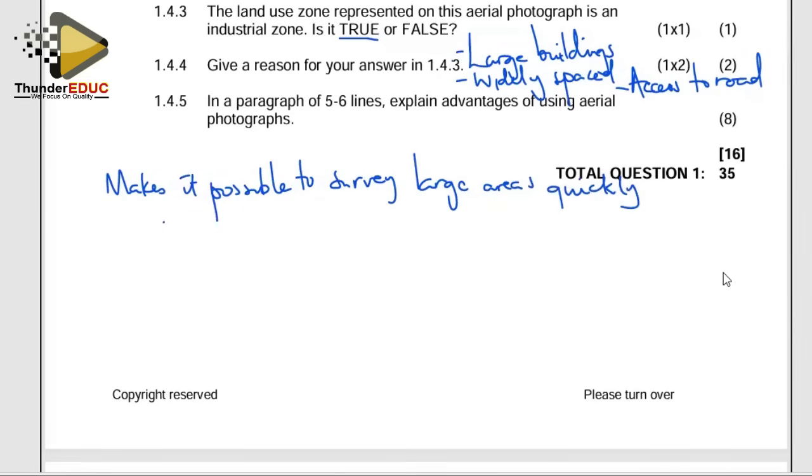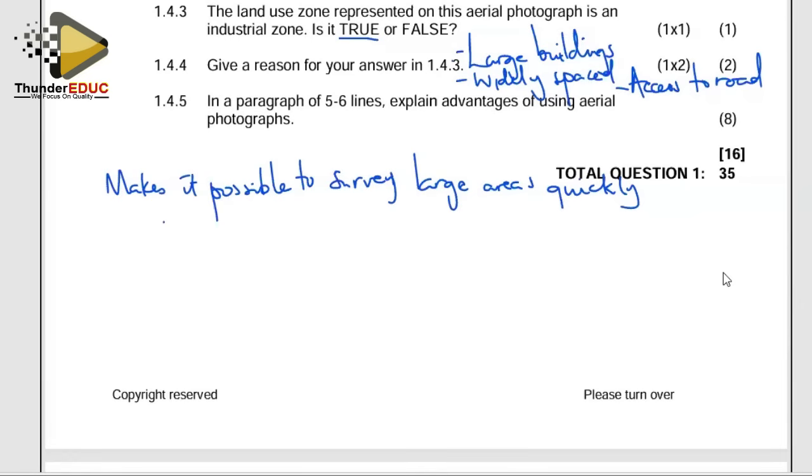For example, if you look at satellite imagery, you can survey a wide area. If you want to study the whole of a province, you can have a picture of the whole province by looking at the satellite images. So it's an advantage that you can do a survey of a wide area in as short a time as possible.